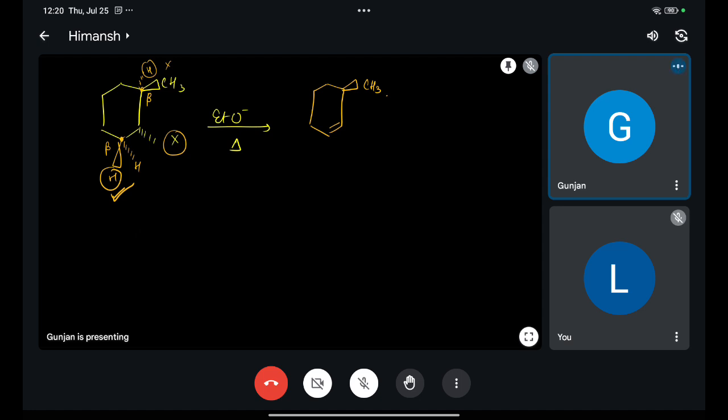Got it now? Ma'am, why are we removing only that hydrogen, not the one in the other dash or wedge position? Anti-elimination is happening, na? Anti-elimination means the hydrogen and leaving group should be anti to each other, opposite in plane to each other.